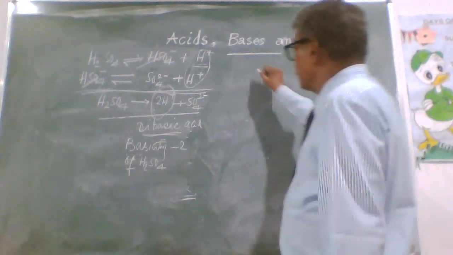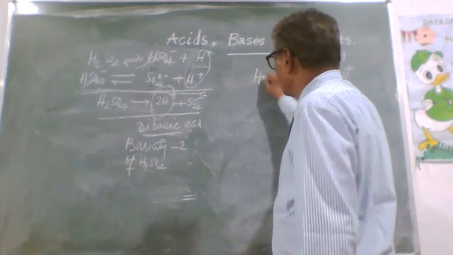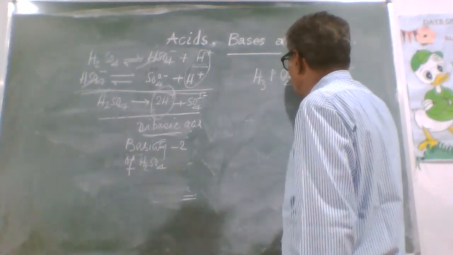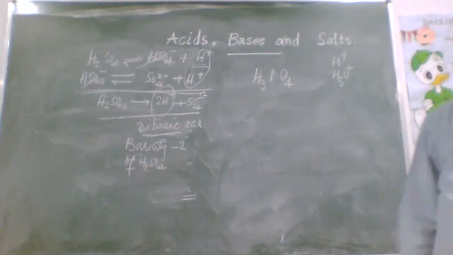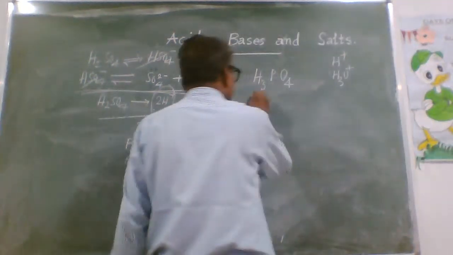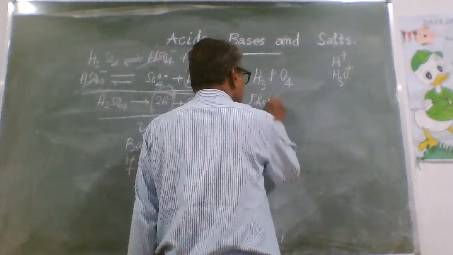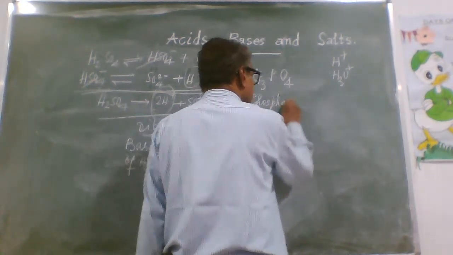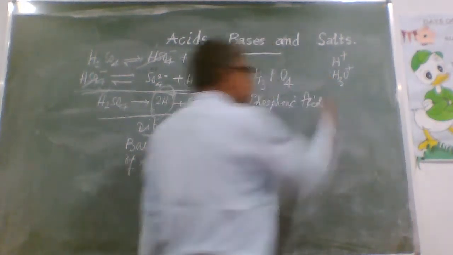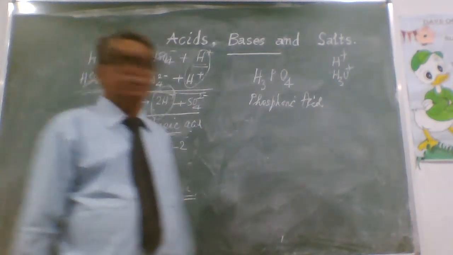We'll take another acid. Look at this acid, H3PO4. This acid is not known to you so much. This is called phosphoric acid. H3PO4 is phosphoric acid.